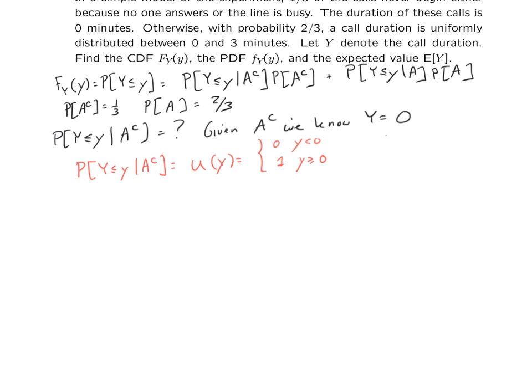Now we're ready to tackle the probability y less than or equal to y given A, that the call is answered. In this case, given A, y is uniform from 0 to 3, continuous uniform.